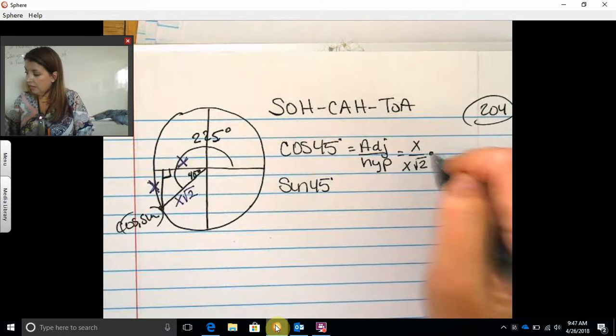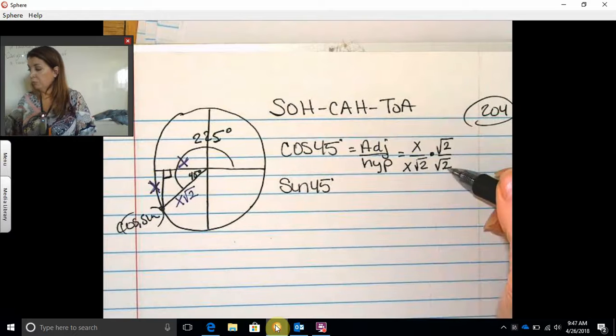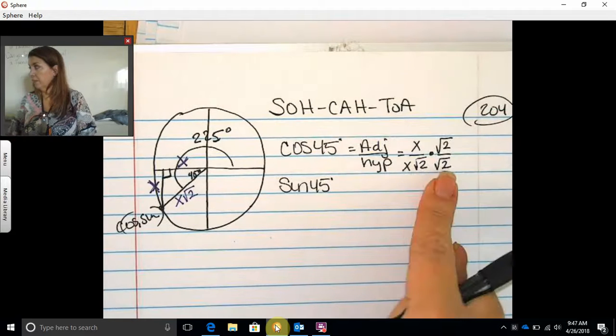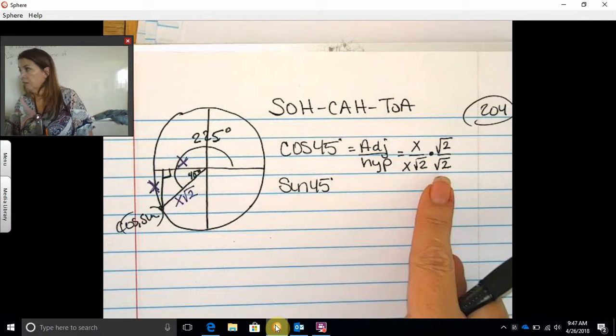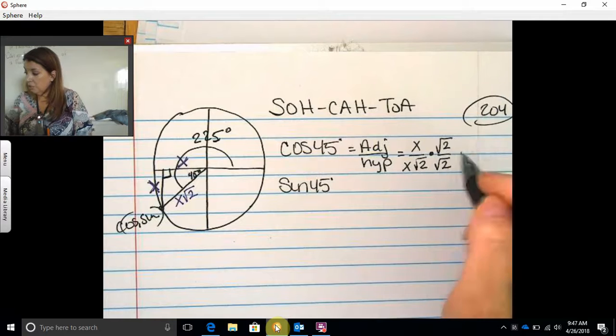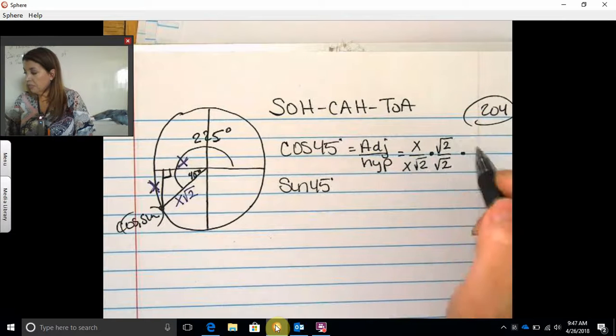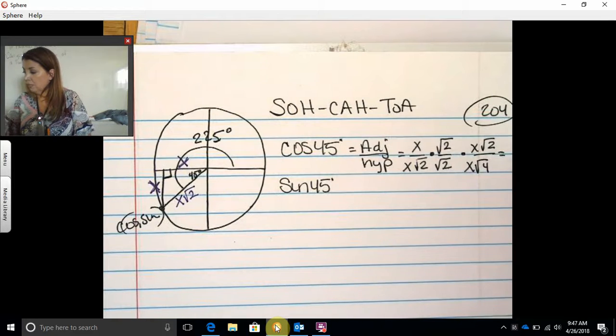That means we're going to multiply by 1, but instead of 1, we're going to use square root of 2 over the square root of 2, because that's going to help us get rid of this denominator. If that was the square root of 3, we would multiply by the square root of 3 over the square root of 3. Have y'all rationalized before? Hopefully. So my numerator, x times the square root of 2, is x square root 2. And the denominator, x times the square root of 2, that would be x square root 4. Do my x's cancel?